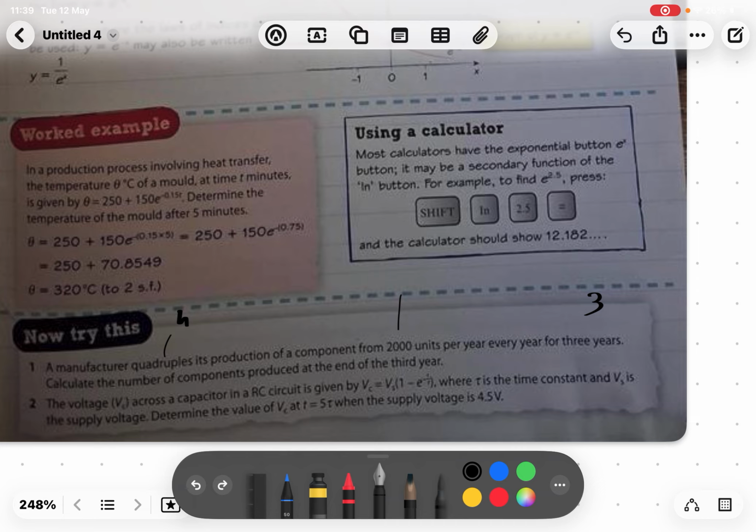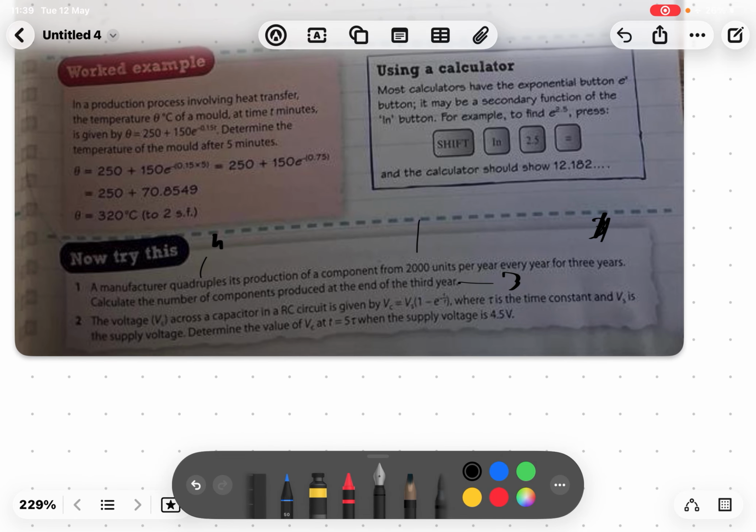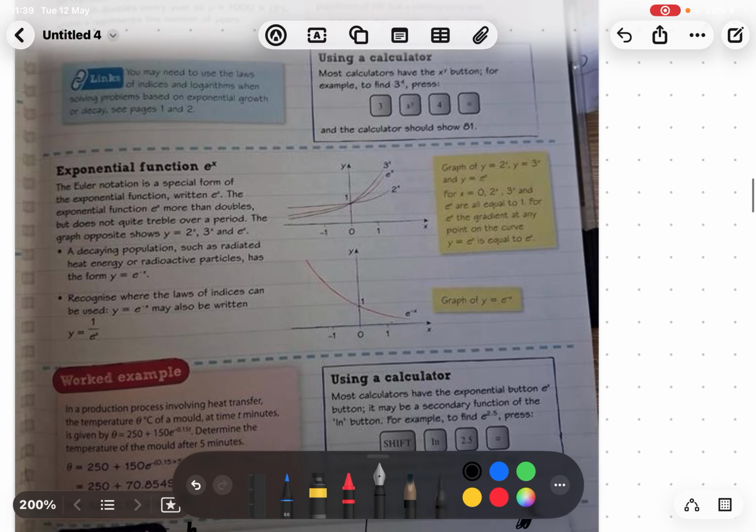Calculate the number of components produced at the end of 3 years. Aha, here's the number. So ignore this one, that doesn't really matter. So basically, how much it's happening for, and how much it's happening for.